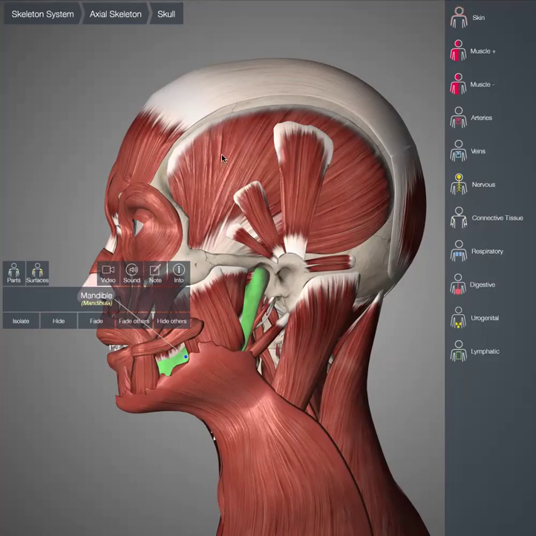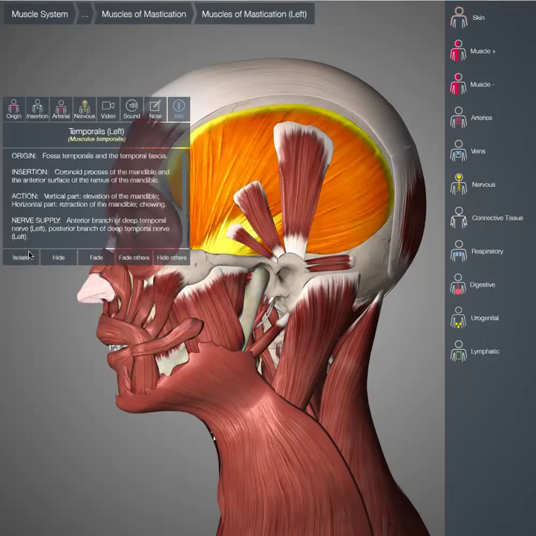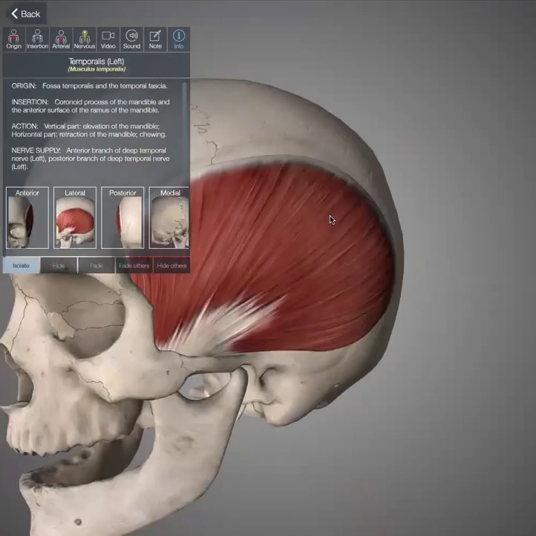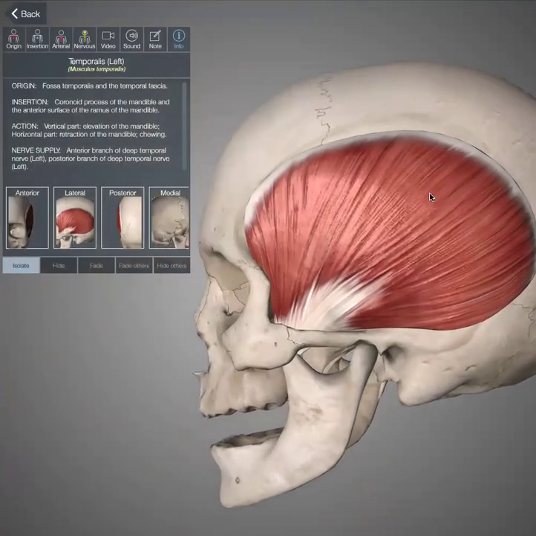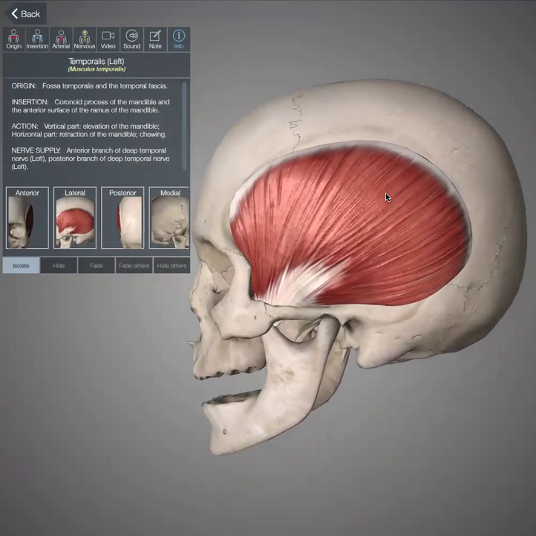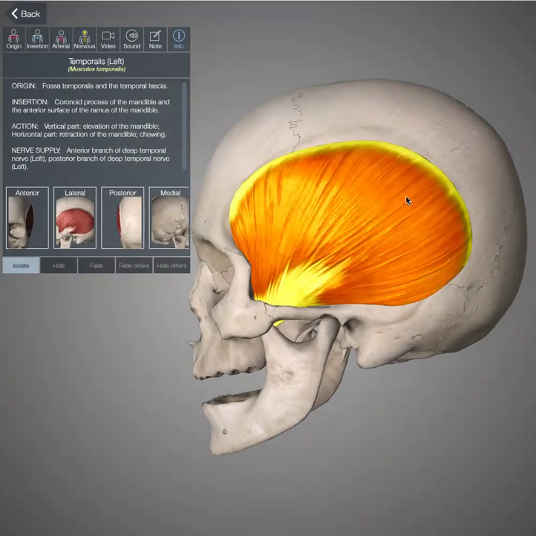All right, now let's go into specifics on each one, and we will see some small things so that memorization is not very hard. The origin of the temporalis muscle is the temporal fossa.